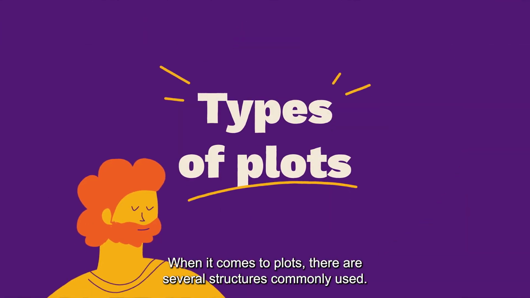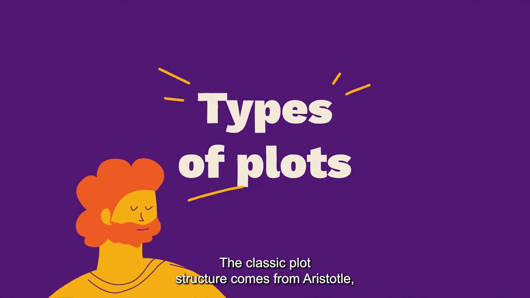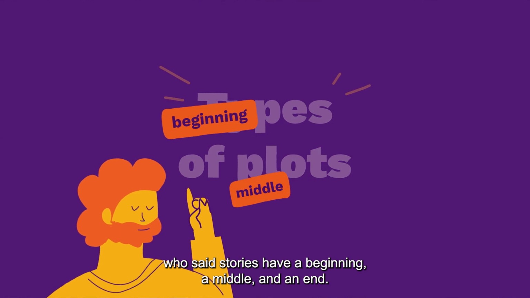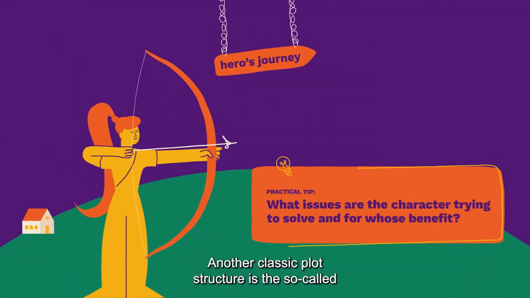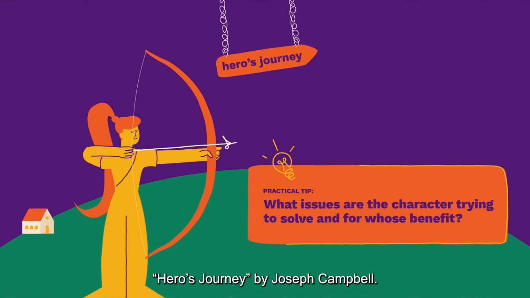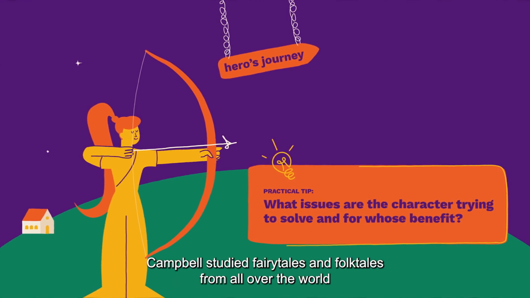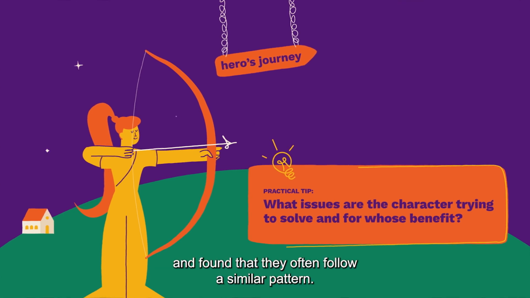When it comes to plots, there are several structures commonly used. The classic plot structure comes from Aristotle, who said stories have a beginning, a middle, and an end. Another classic plot structure is the so-called hero's journey by Joseph Campbell. Campbell studied fairy tales and folk tales from all over the world, and found that they often follow a similar pattern.